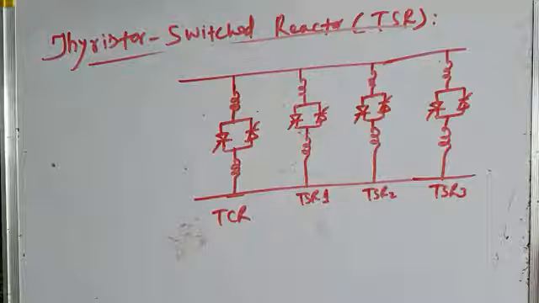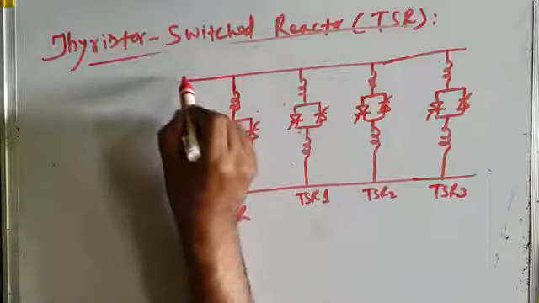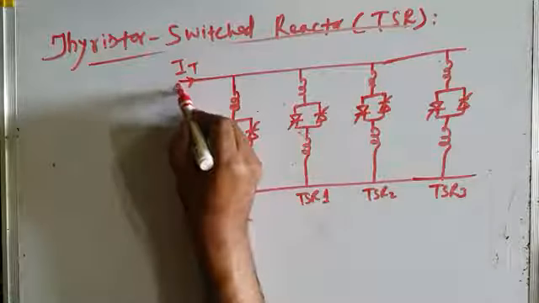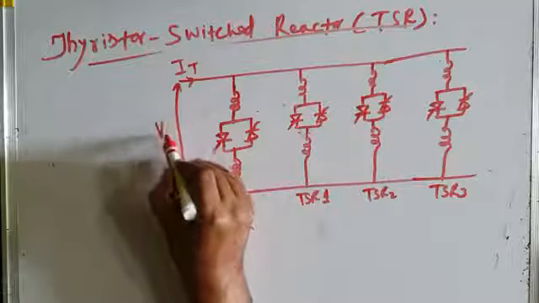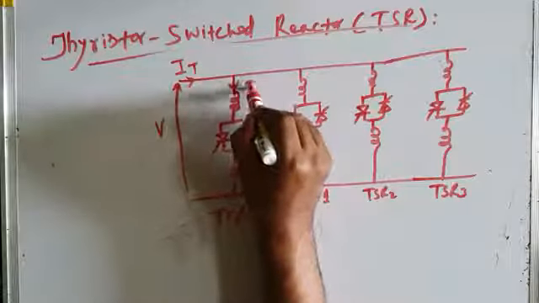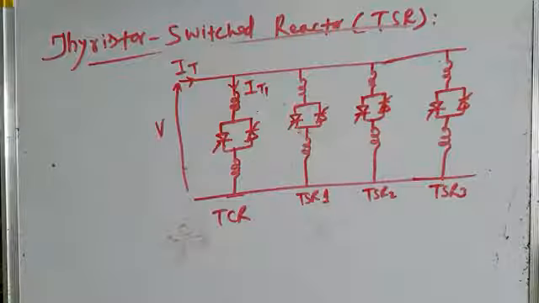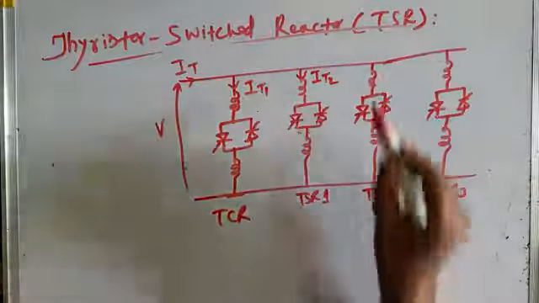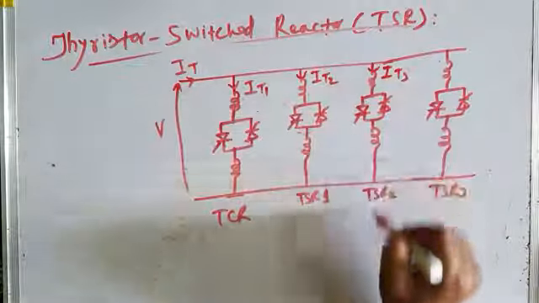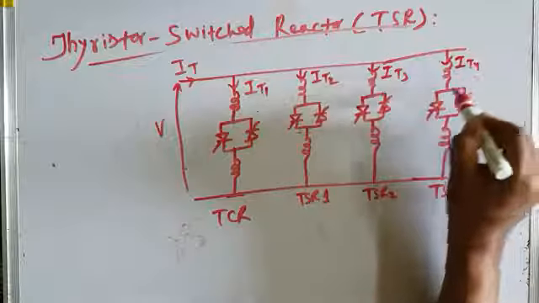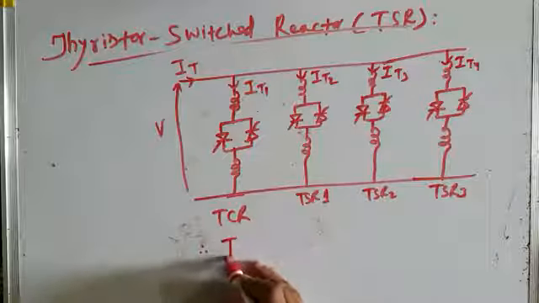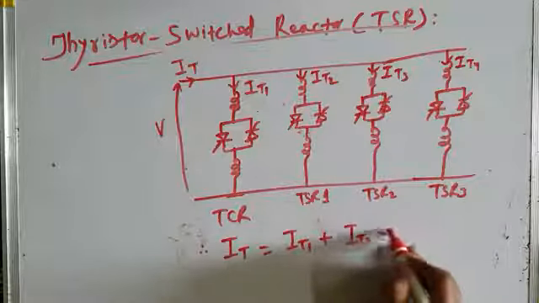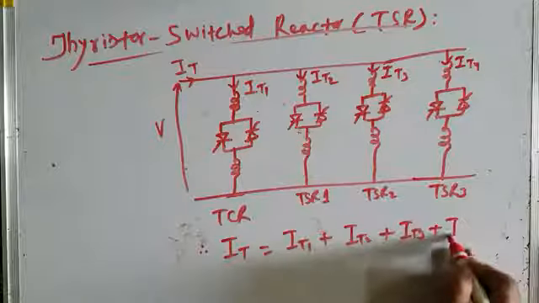So let us assume we have 3 TSRs. Total SVC current is IT, and this is the applied voltage. Then IT1 is the current in this branch, which is drawn by TCR. IT2 is the current drawn by TSR1, IT3 is the current drawn by TSR2, and IT4 is the current drawn by TSR3. So therefore, total current is equal to IT1 plus IT2 plus IT3 plus IT4.